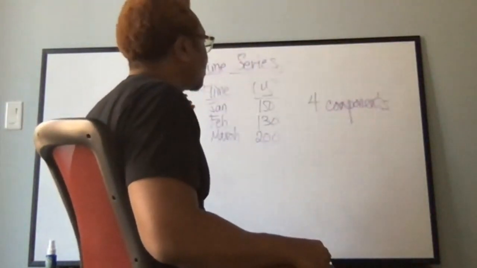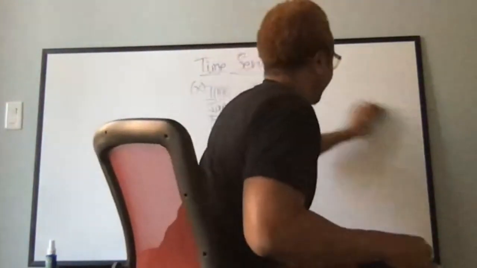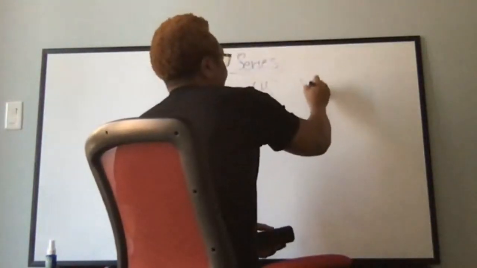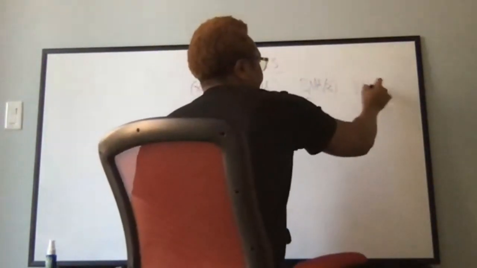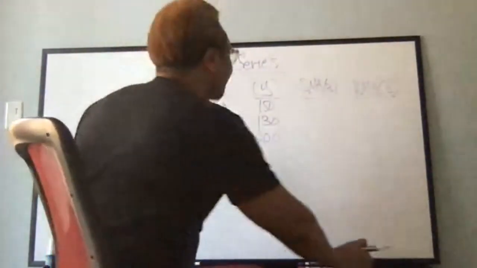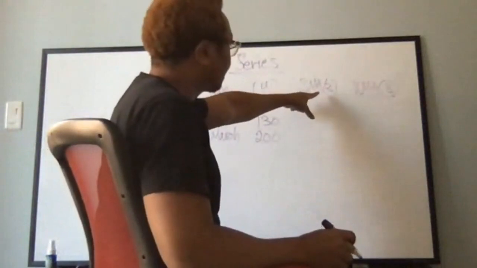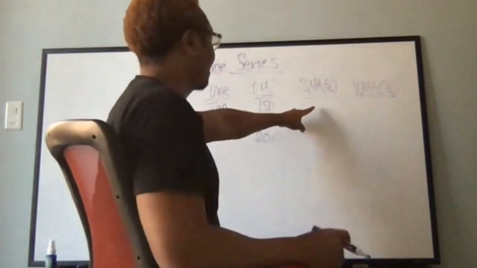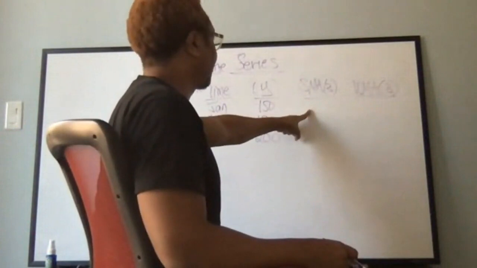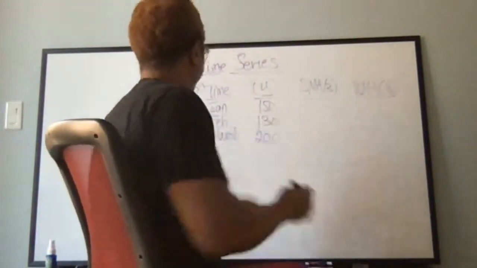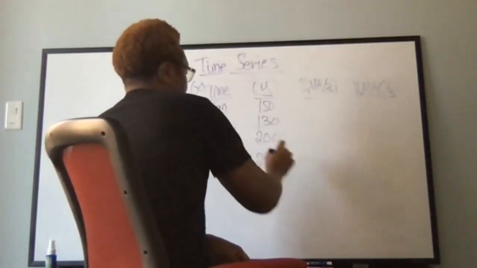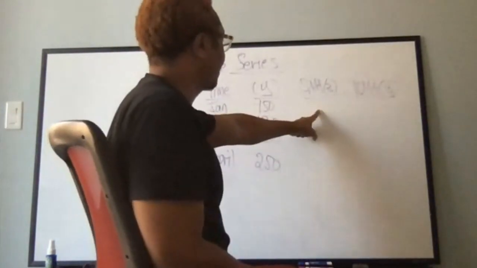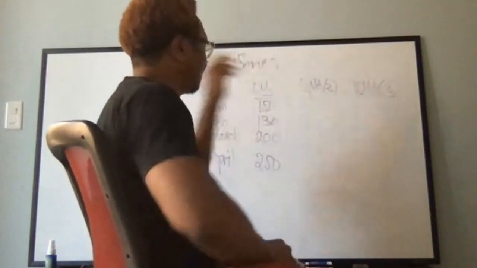Now we talked about a few smoothing algorithms we're going to have to be comfortable with: the SMA, the WMA, and I'll write the other one later. If you have an SMA 3, then this first value, let's say April, I'll add one more, this value here in the SMA 3 column should be what?